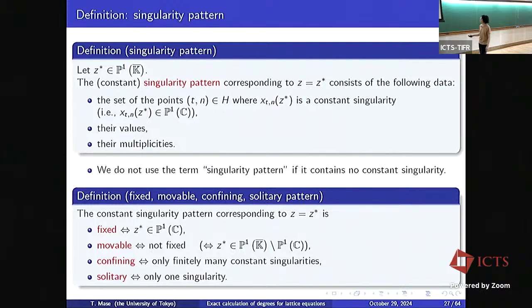So Z star does depend on some other initial variable. And singularity pattern is confining if it only has finitely many constant singularities. And a singularity pattern is solitary if it has only one singularity. This is a bit strange. And this is kind of different from the classical singularity confinement theory.